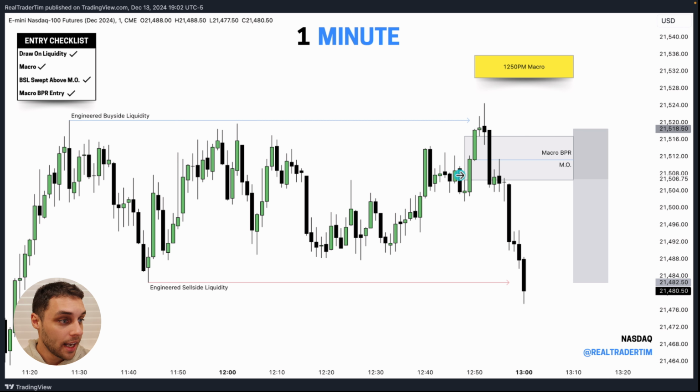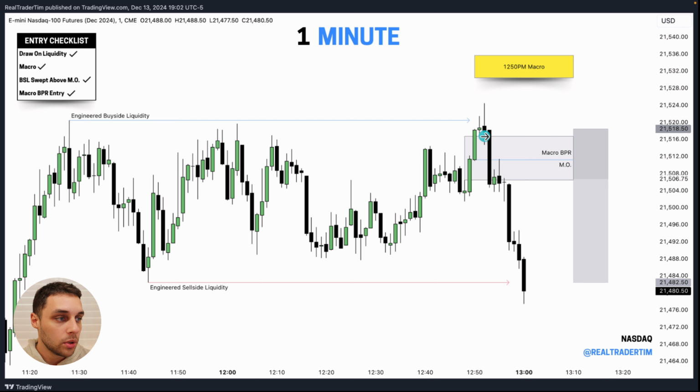So again, this is MO, macro opening price, that 1250 opening price on this candle here. We go above, we run the engineered buy side liquidity, so the high of the range, and then we zoom right back down through these two consecutive BISIs. Okay.